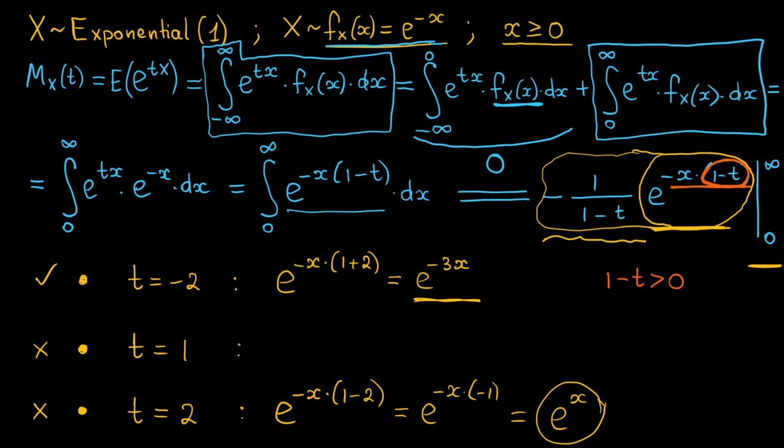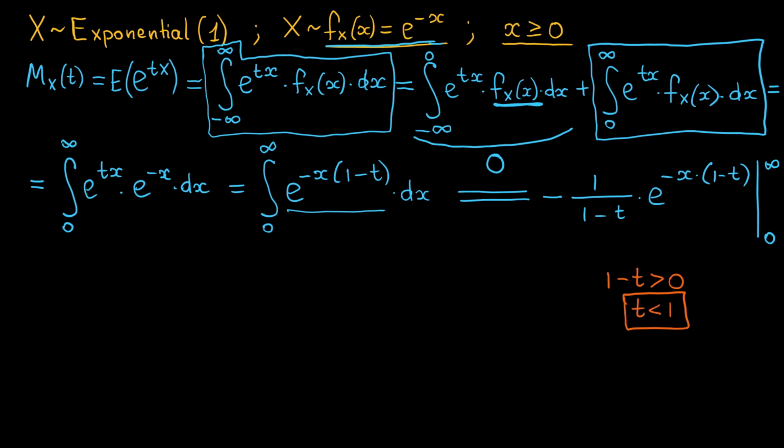So 1 minus t greater than 0 is the same as saying that t must be less than 1. Whereas for t equal to 1, we've seen that we're in trouble, and for t greater than 1, we're also in trouble. Okay, so what does that mean for us? It means that we can continue, but only for values of t less than 1.